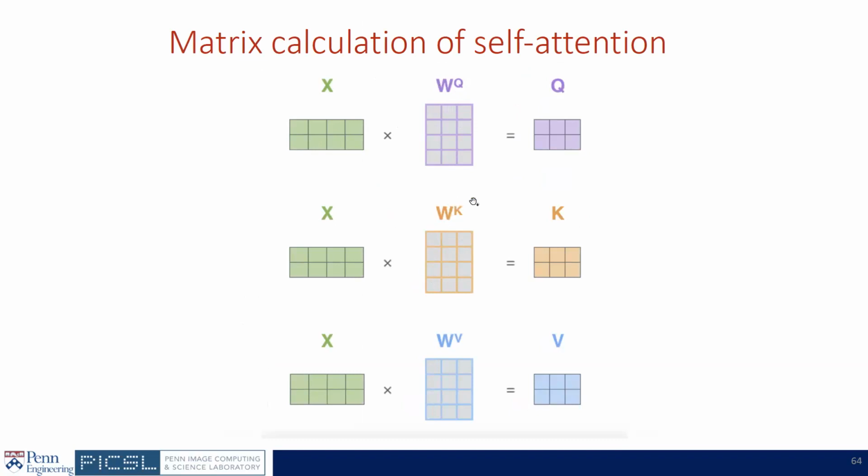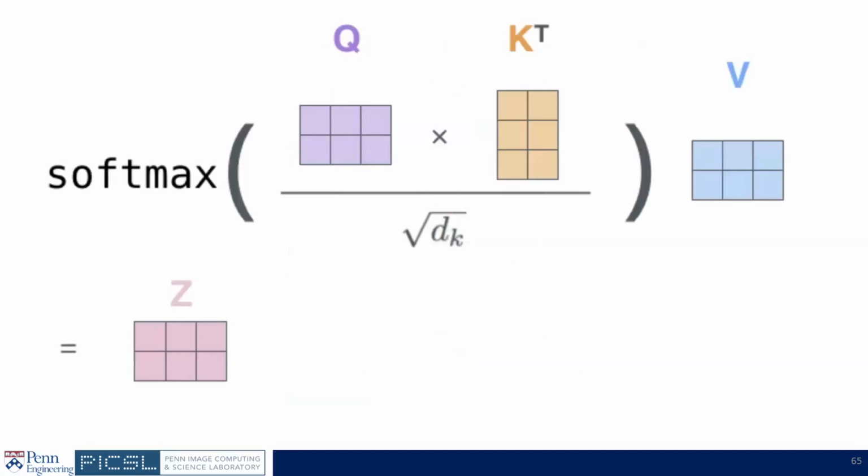You can do that for keys and values as well to get your final matrices. And then you just apply everything on these matrices. So that was just one sentence or 2 words at a time. Now this is your entire chunk at a time. So this is what is going on. We have these matrices, dot product, scaling, softmax, multiply by the value to give hidden representation Z.